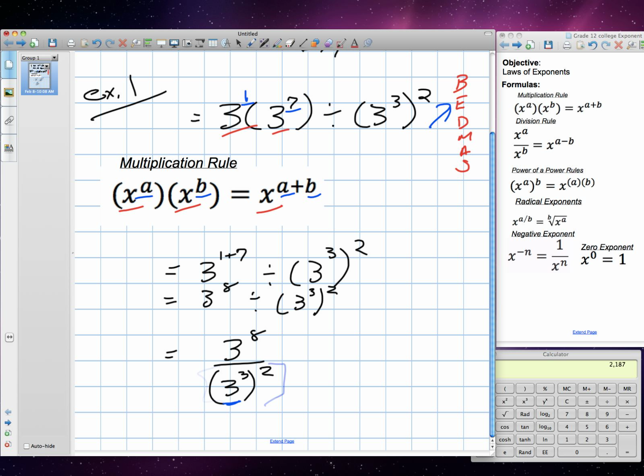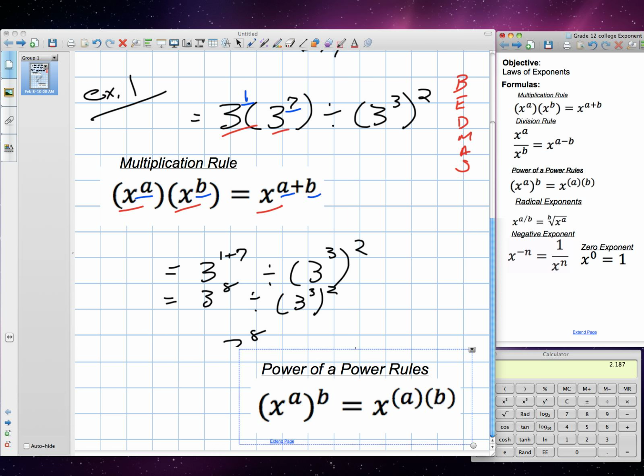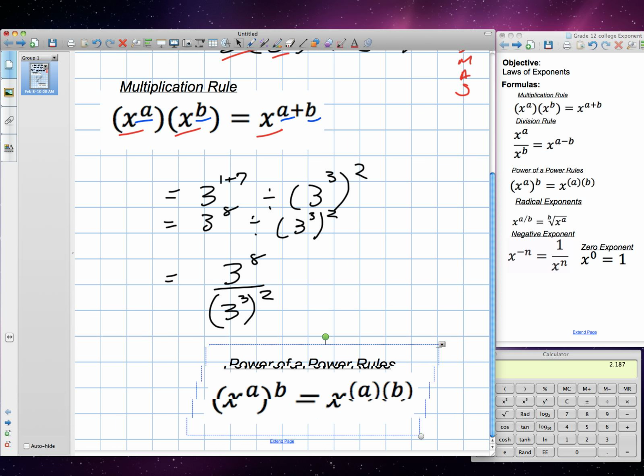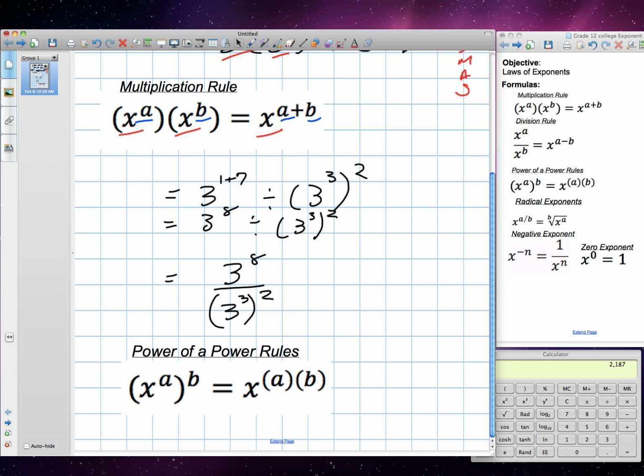Which of the rules do I need to use in order to simplify that one? Power of a power, this one here, okay? So we have this rule down here. So using our power of a power, it states that our base, whatever it is, we keep the base the same. In this case, it's the number 3. And we're going to multiply the two exponents, okay?